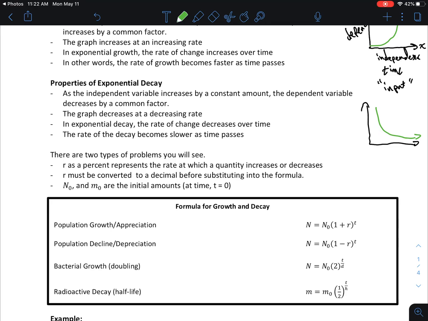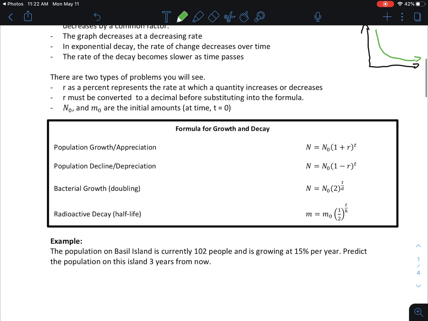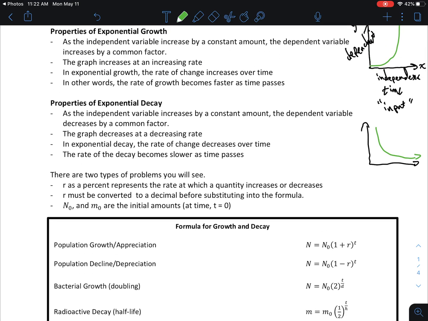So we're going to have equations that deal specifically with those scenarios. But we're also going to have some growth or appreciation or depreciation questions too, things that grow but not necessarily doubling. One of the questions down here would be how much is a computer worth after so much time. Well, it's decreasing by some percentage every year that you own it.